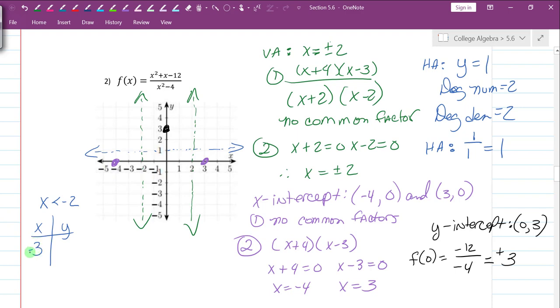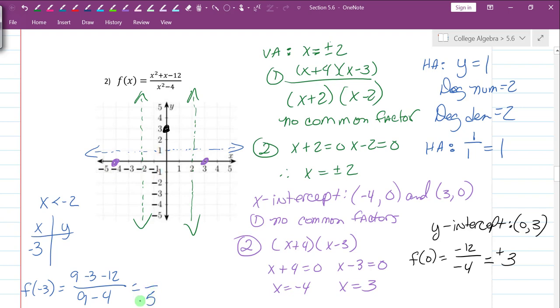So f of negative 3 is going to be equal to negative 3 squared is 9, minus 3, minus 12, divided by negative 3 squared again is still 9, minus 4. So 9 minus 4 is 5.